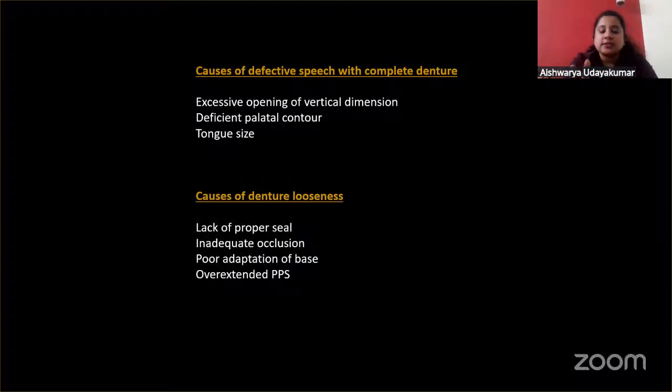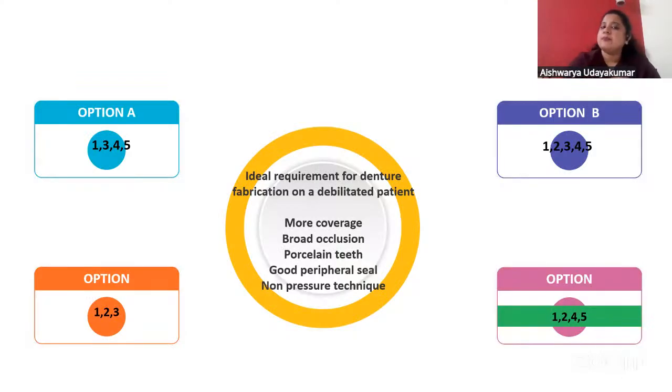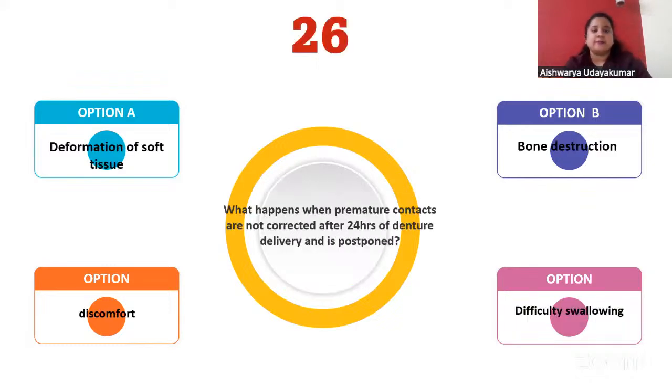Please remember this, what affects a debilitated patient. So again, porcelain teeth is out. Porcelain teeth is out because you never give porcelain teeth to a debilitated patient. It actually does more disadvantage than advantage. So ruling out three, we have 1, 2, 4, and 5 as the answer, the ideal requirements.